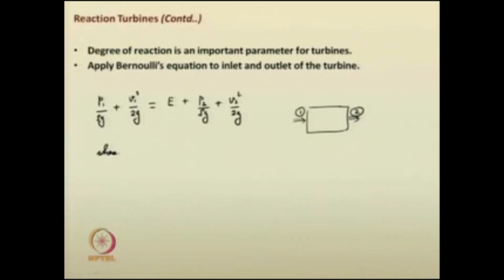What is E? You have studied Bernoulli's equation. The equation is the same at two sections, but please note that within that system some energy is given to some other device. So, that quantity needs to be incorporated, and it is suggested by the term E here.